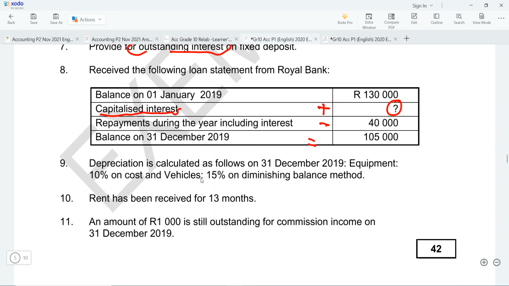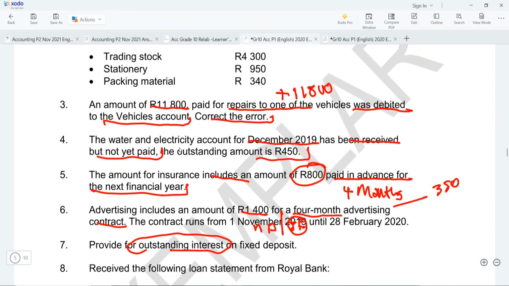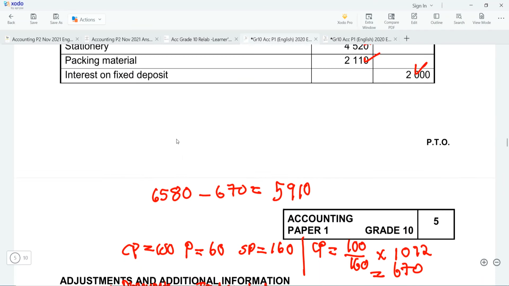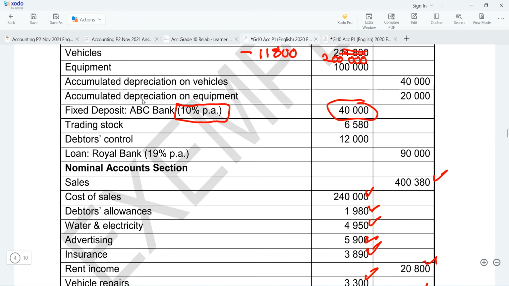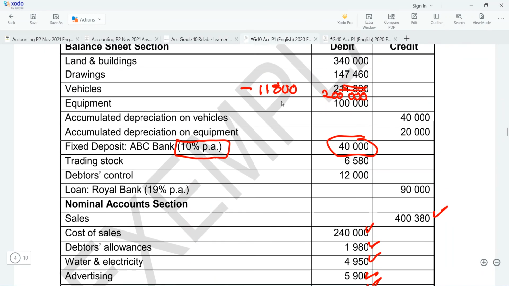Now here they're saying that depreciation is calculated as follows. On 31 December, equipment is calculated at 10% on cost. This is simple. They did not buy anything, they did not sell anything, so it's not going to give us a problem. And for vehicles, they are saying it's 15%. They are using the diminishing balance method. Now when they say 10% on cost, all we have to do is check what is the cost price of equipment. Remember, our equipment, according to here, is 100,000.